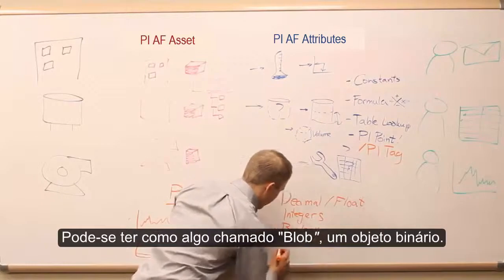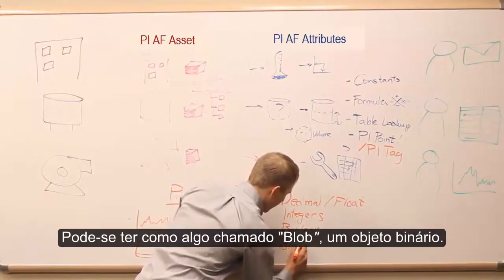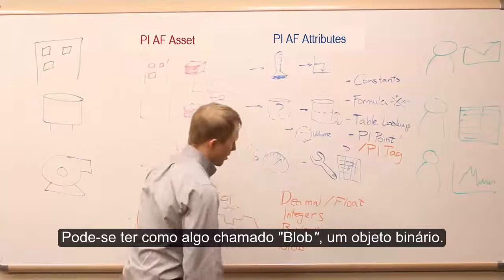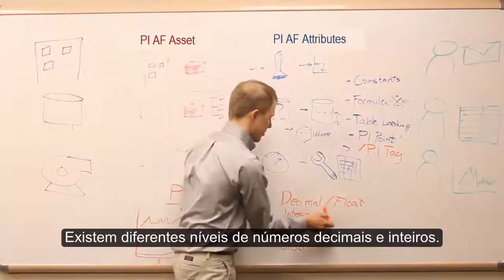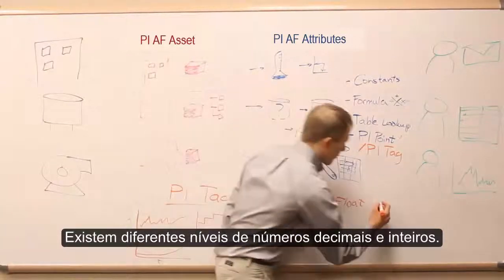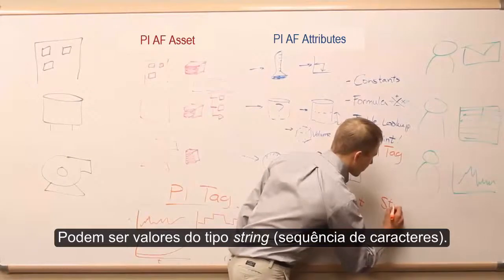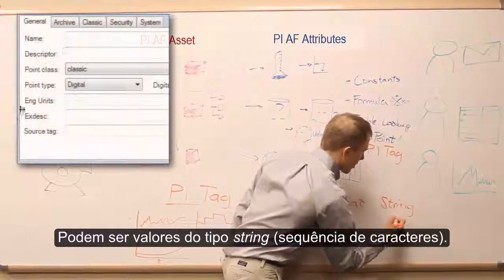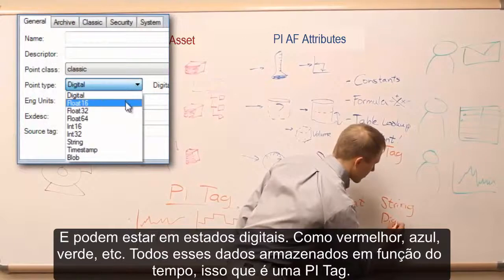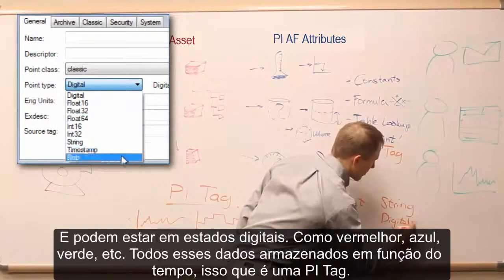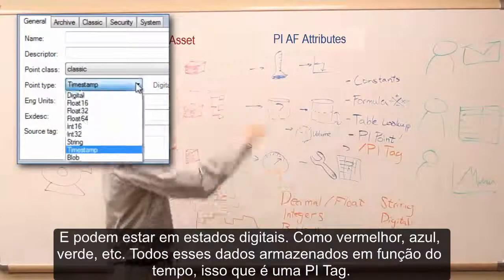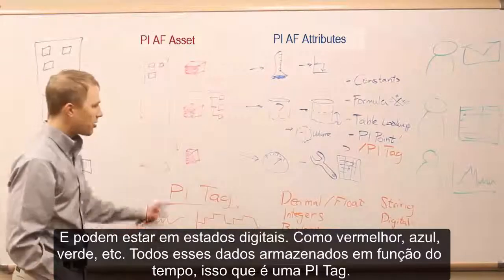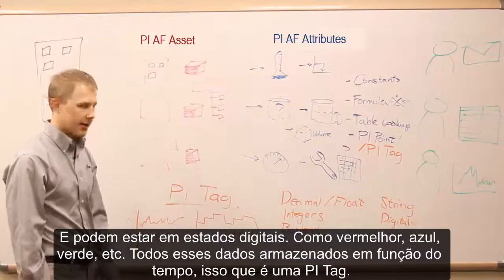We can have something called a blob, a binary large object. There's different levels of floating point and integers. They can be string values, and they can be digital states. Digital states, so red, blue, green, can be all that. All of this data stored against time, that's what a PI tag is.